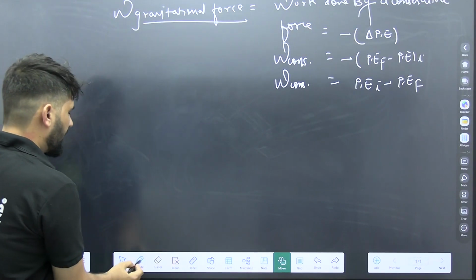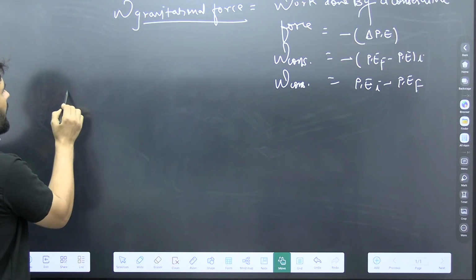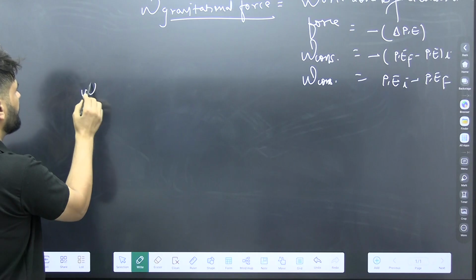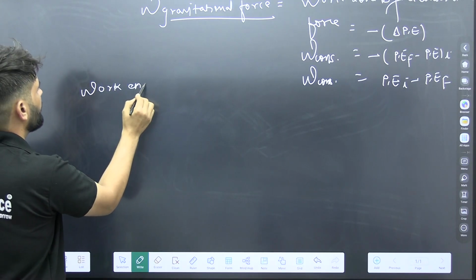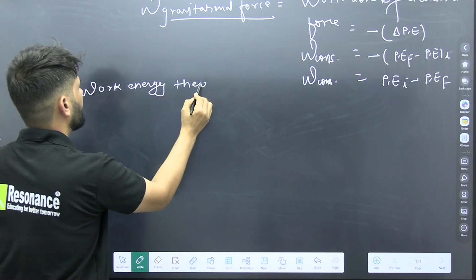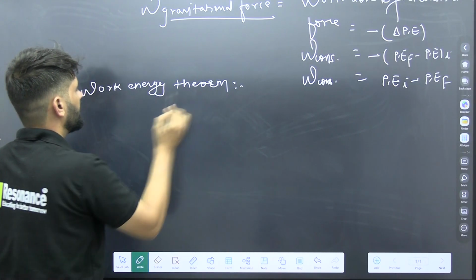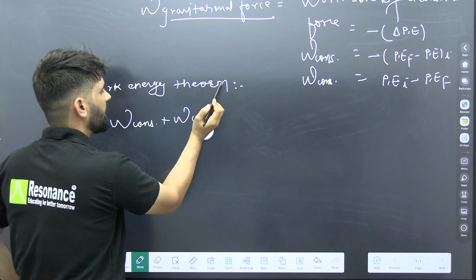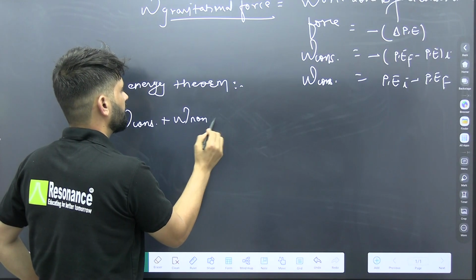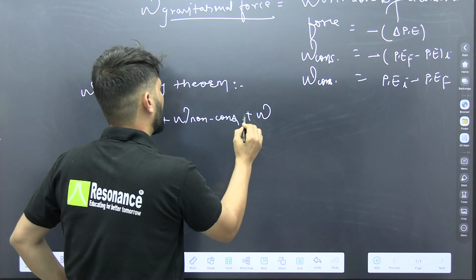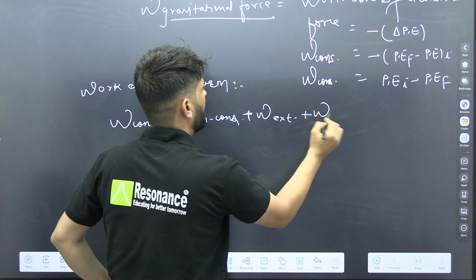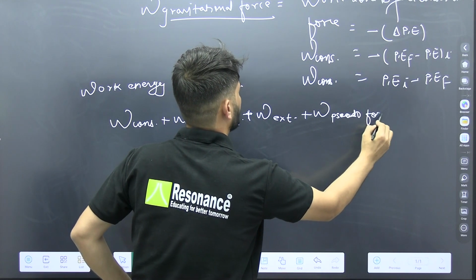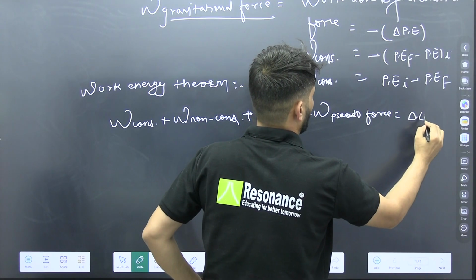The work energy theorem says that the work done by conservative forces, the work done by non-conservative forces, the work done by external agents, and the work done by pseudo force is equal to the change in kinetic energy.